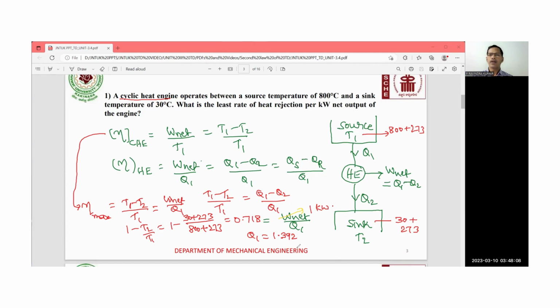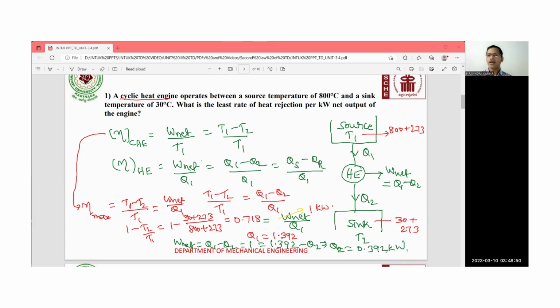We know that W net is equal to Q1 minus Q2. So 1 kilowatt is equal to 1.392 minus Q2. With this, the Q2 value, that is the least rate of heat rejection, is Q2 equal to 0.392 kilowatts.